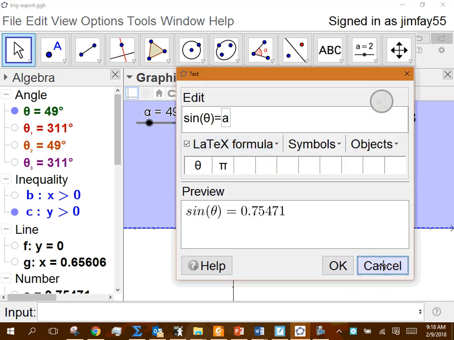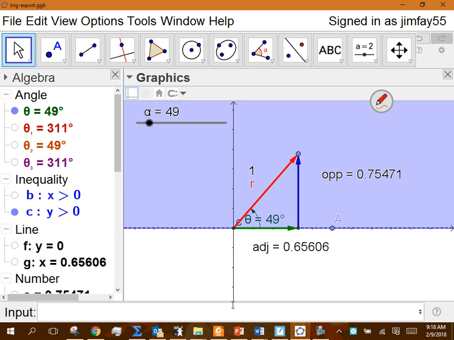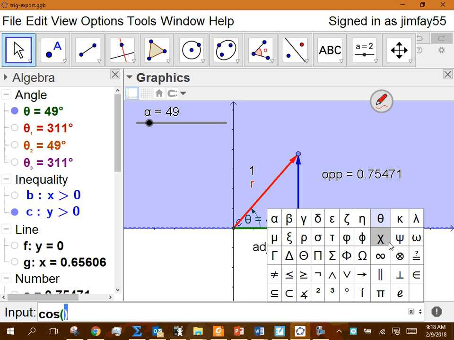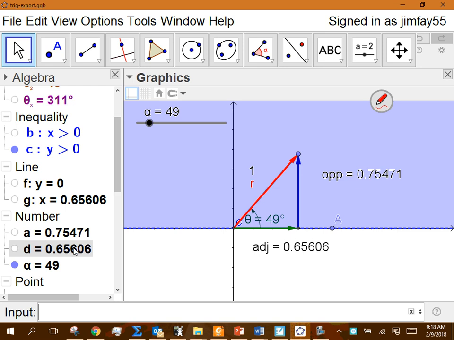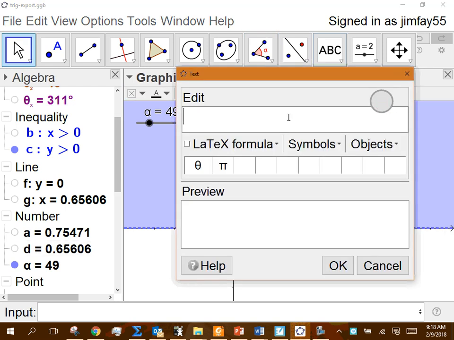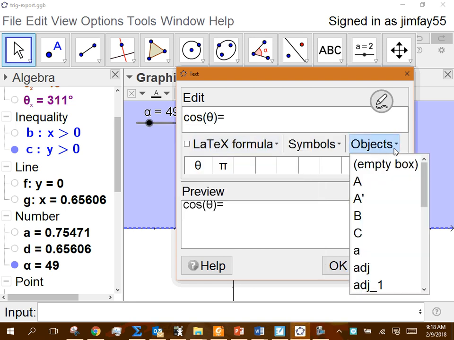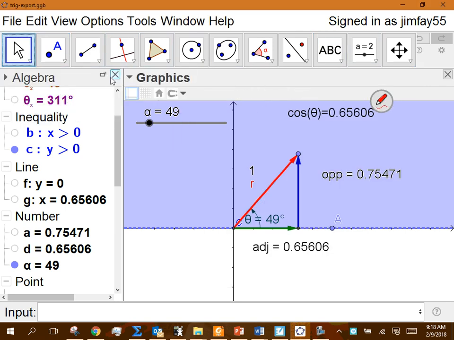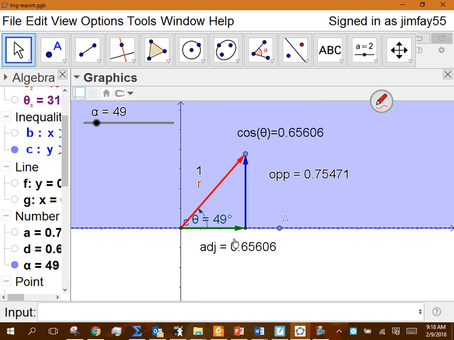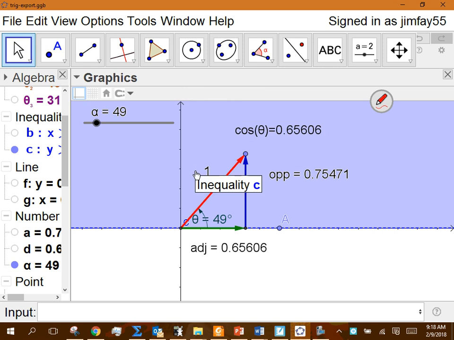Now these numbers don't make sense now, but I'm going to put cosine of theta in here. All right, so this is the cosine, so this would be the adjacent divided by the hypotenuse, right? And that obviously makes sense when our hypotenuse is 1.